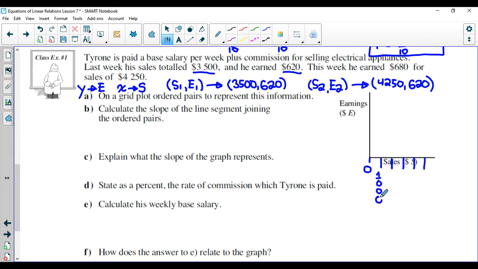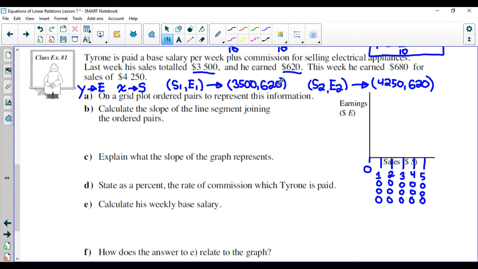So I'm going to say this is 1,000, just because I'm lacking in space. We'll say this is 2,000, this is 3,000, this is 4,000, and then this is 5,000.